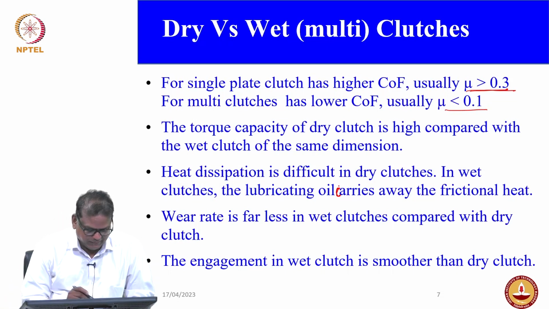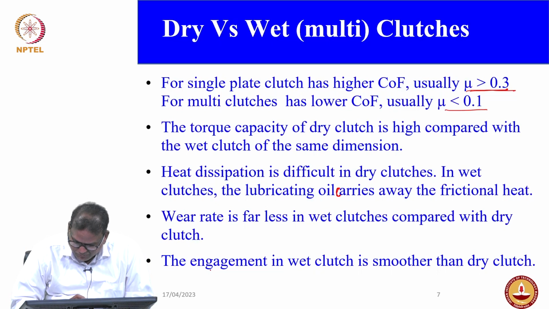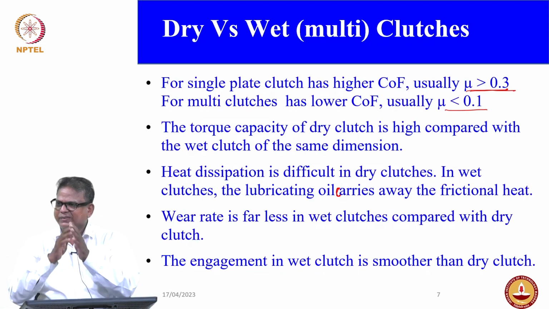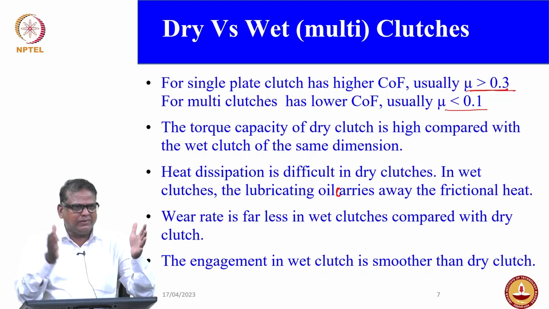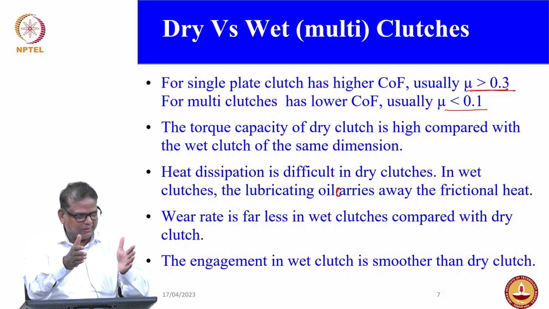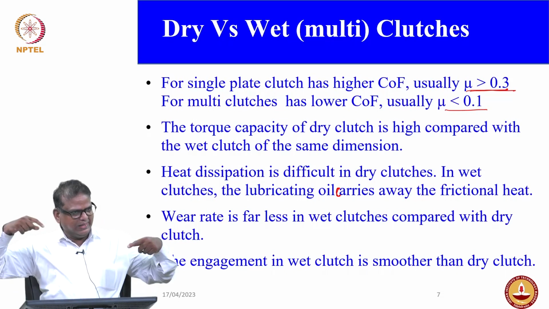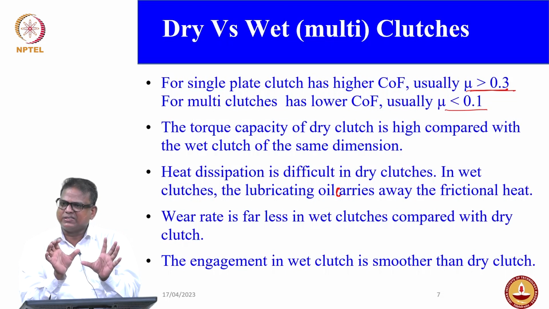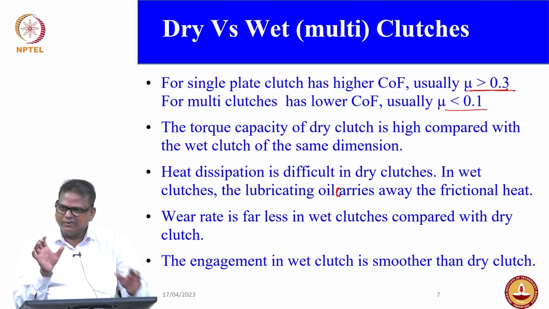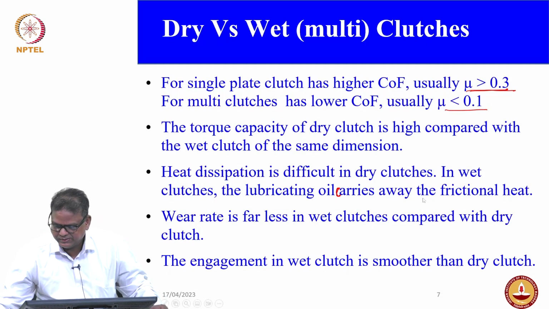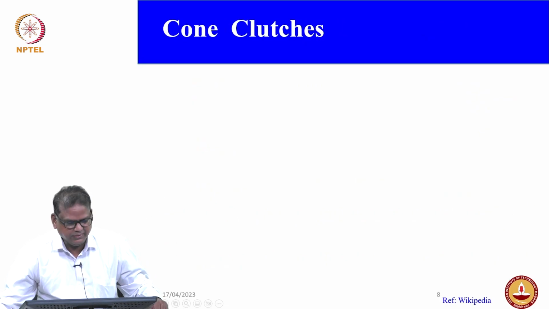The engagement in a wet clutch is smoother compared to a dry clutch, where holding is difficult, whereas you have a very good arrangement with rotor, stator and backup rotor, all linked. So, a well synchronized mechanism is available for the multi-disc clutch system. That is the thing, okay.